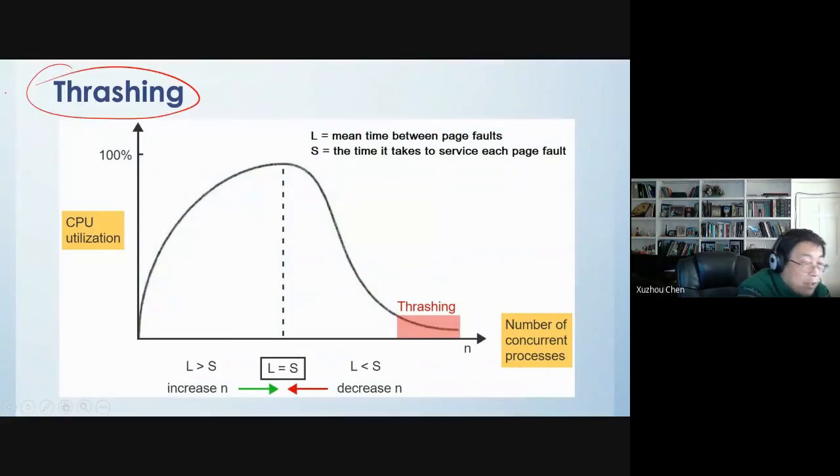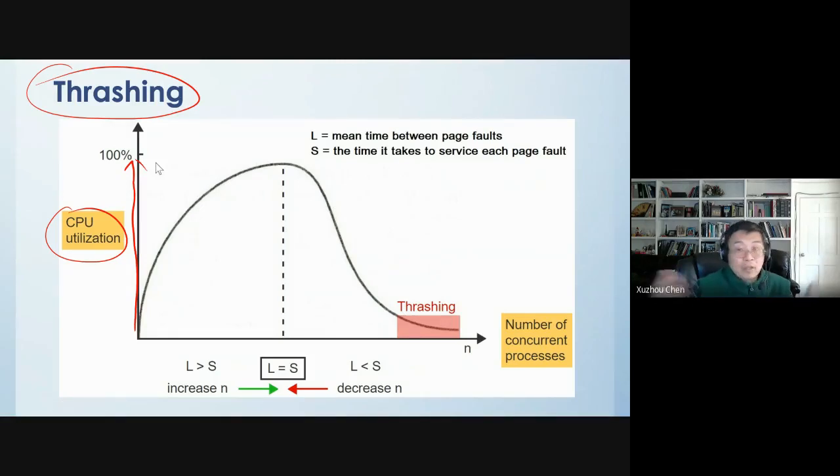The thrashing diagram basically shows CPU utilization. Now, we want to increase the CPU utilization and make sure the CPU is busy. That's good, right? Because if the CPU is idle, that's a waste of CPU time. To keep the CPU busy, you want to load more programs. But if you load more programs, there are going to be more page faults.